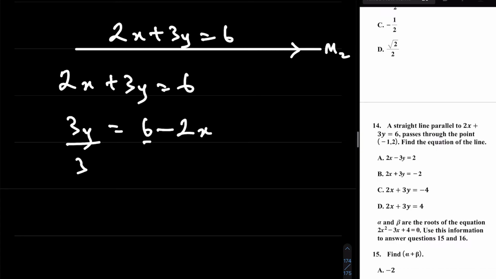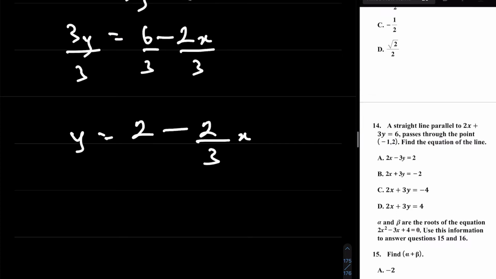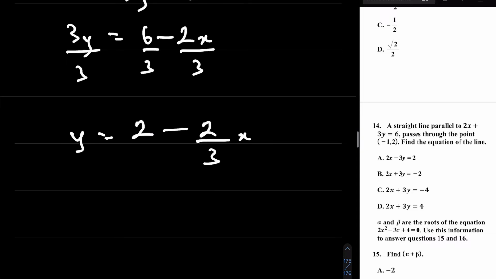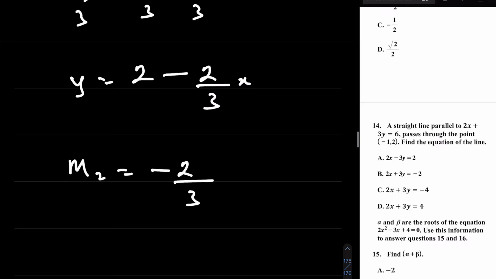When I divide through by 3, I'm going to have y equals 2 minus 2 over 3x. And when you write the equation of a straight line in this form, where y is the subject of the formula, the coefficient of x is the gradient of that line. So that means m2 equals minus 2 over 3.